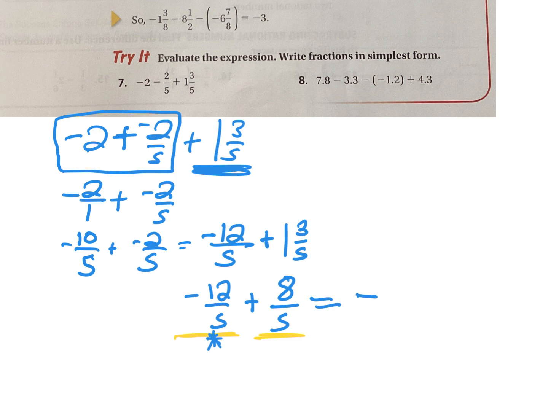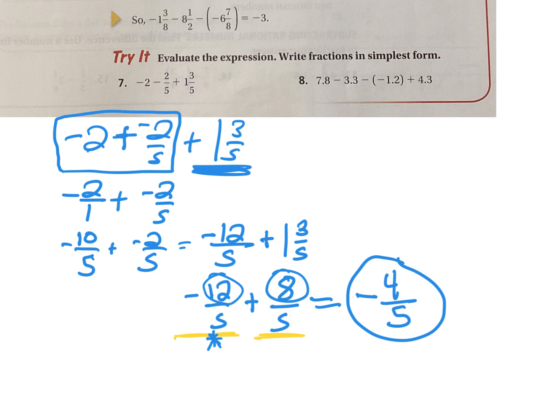Now all I do is I look at the absolute value of this one, and I find the difference of it. And the difference between those two is 4. And my 5 comes over. And so my answer is negative 4/5.